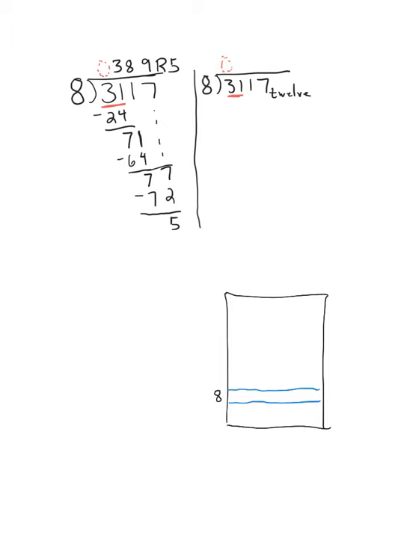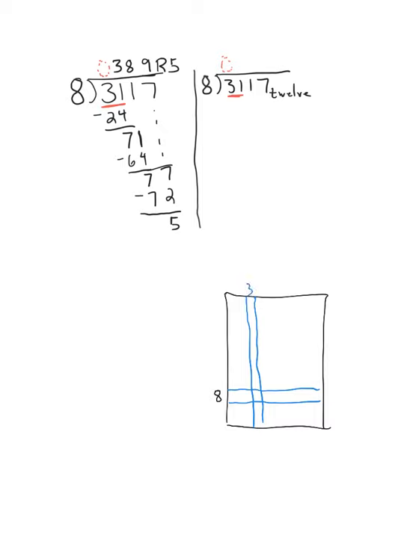Now I'm going to draw in a few of these columns. So I know that 8 times 4 in base 12 is 28. That's a good place to start. Now maybe I'll start at 3, actually.